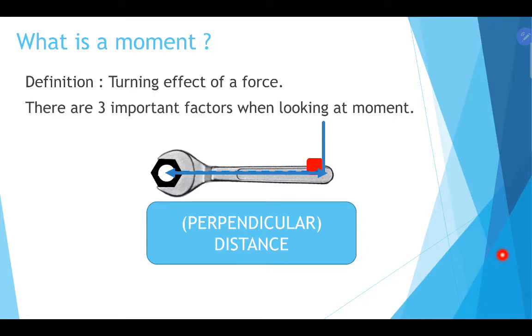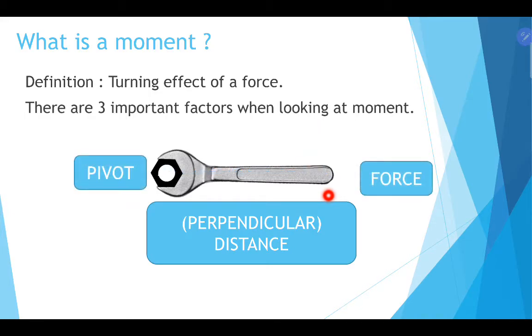This distance is the distance between the pivot and the force. This distance needs to be perpendicular, so you have a 90-degree angle there. Again, we had three: pivot, the force, and the perpendicular distance.